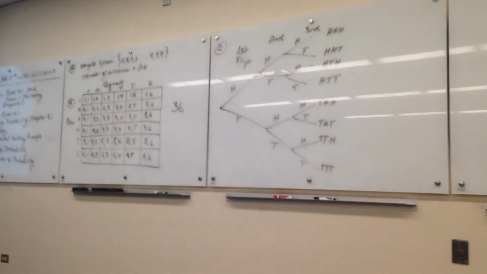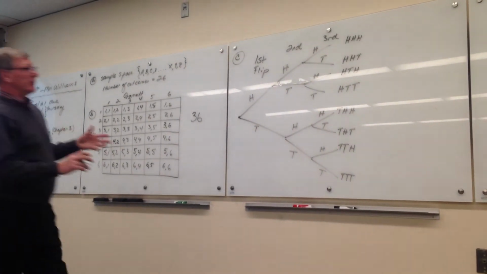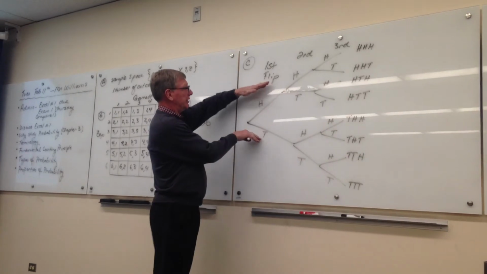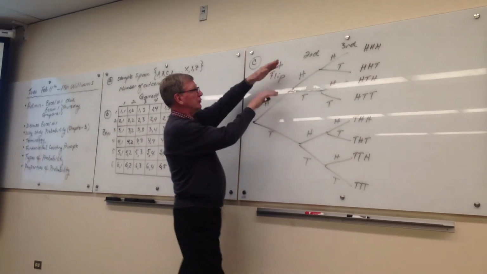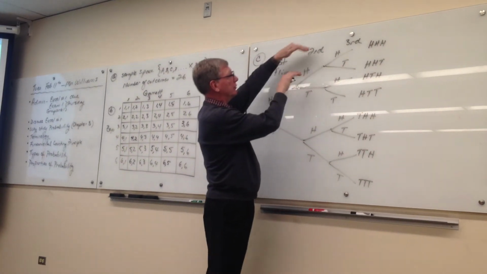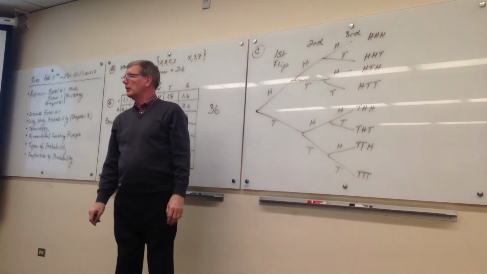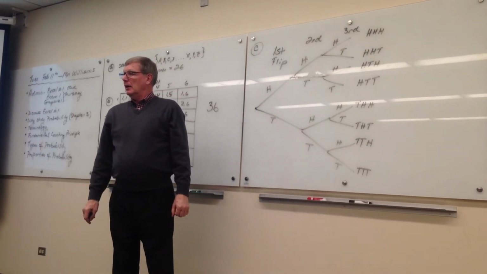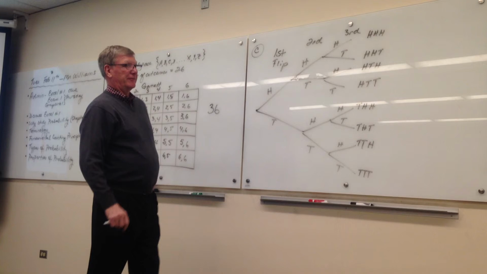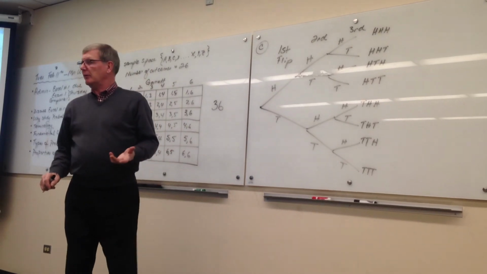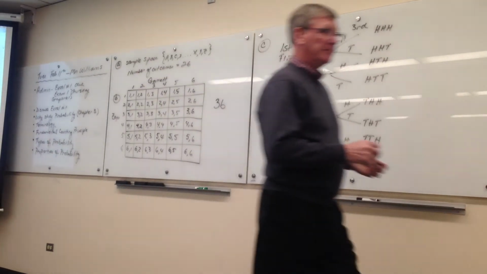Now, this is called a tree diagram, and all I did is say there's 2 things that can happen on the first flip, 2 that can happen on the second, and 2 that can happen on the third. So this is a good setup for something called the fundamental rule of counting, or the fundamental principle of counting.